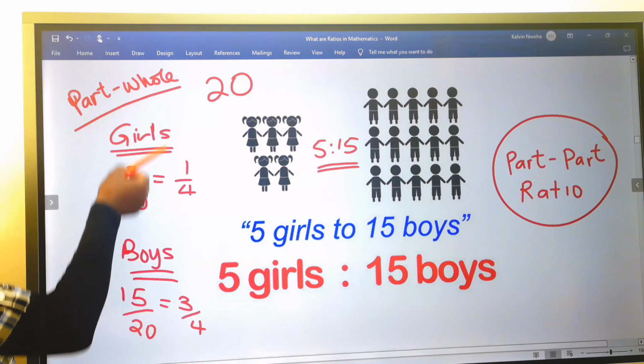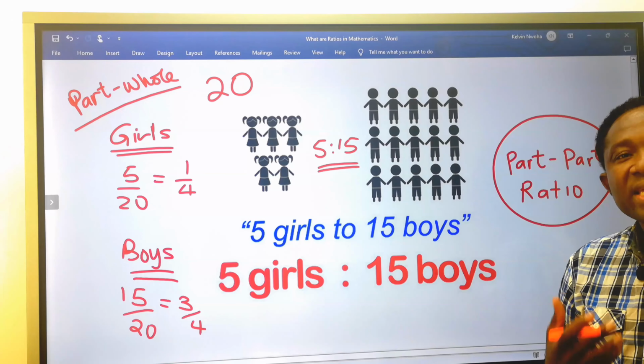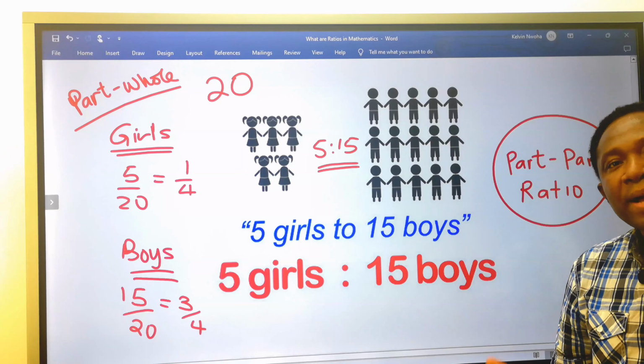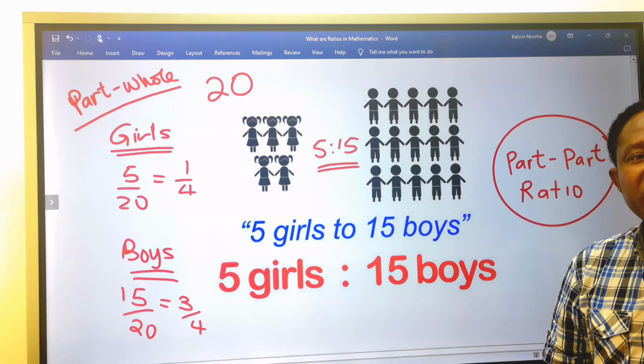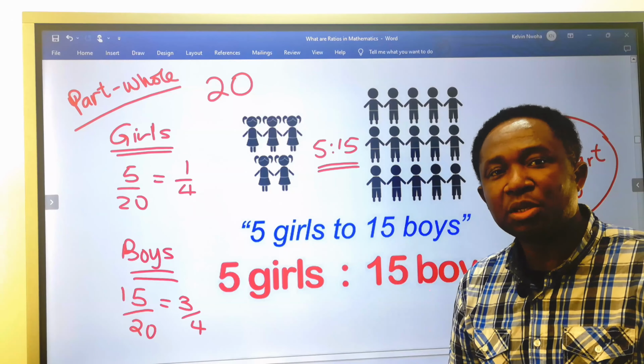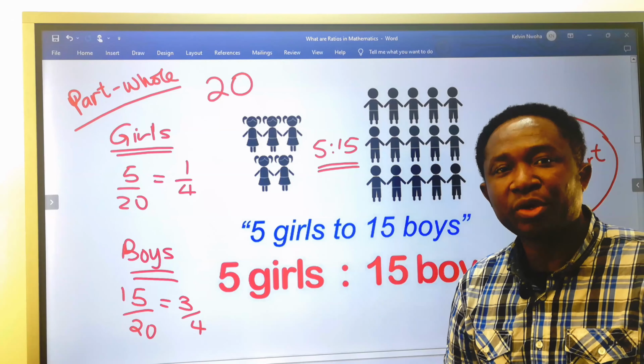This is when we are considering part to whole. For any given exam question, always check if it is part to part or if it is part to whole. This is one of the first steps you should remember in every exam question under ratio.